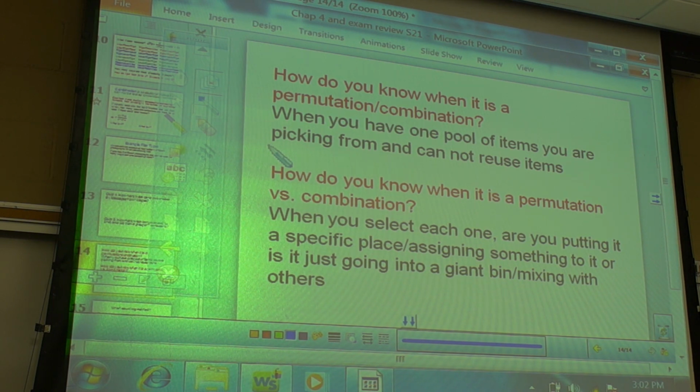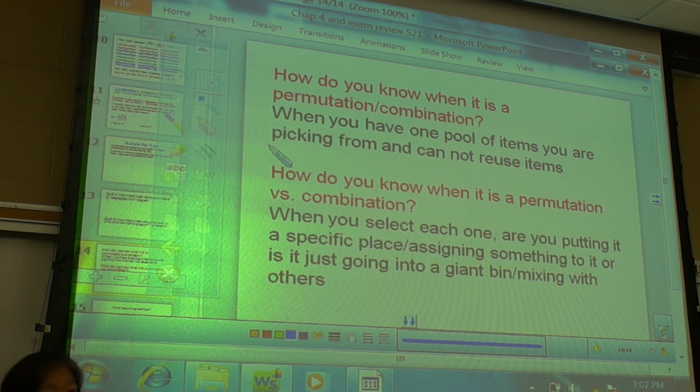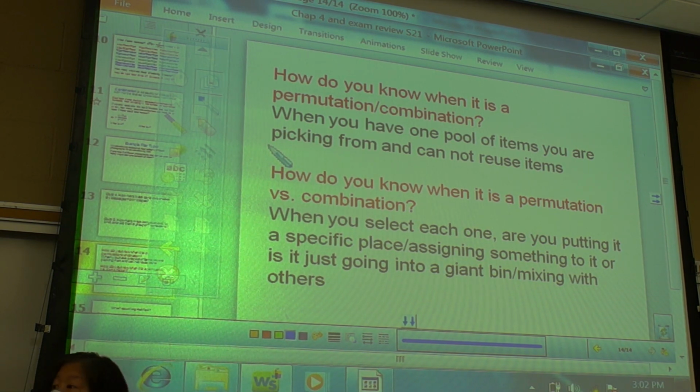Second thing is, how do you know it's permutation versus combination? When you select each one, are you putting it in a specific place, or assigning it something to do? Like if you're picking a team. If I'm just picking a team, I'm the soccer coach, we used to have tryouts, I'm going to pick a team of 16 players. Done. You pick them, order doesn't matter.